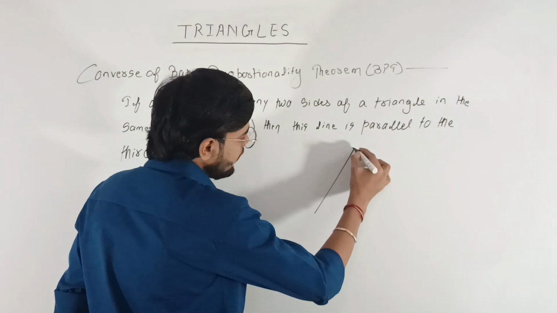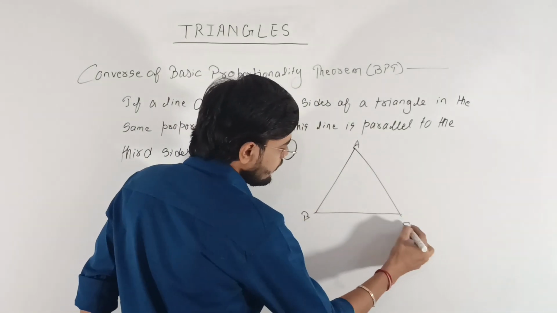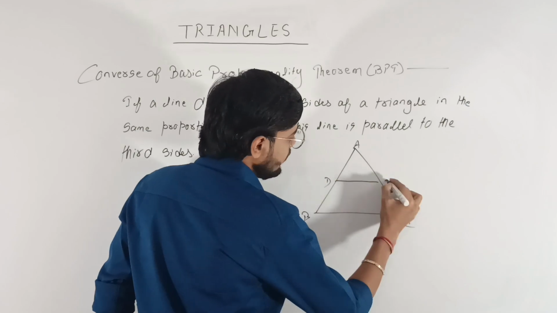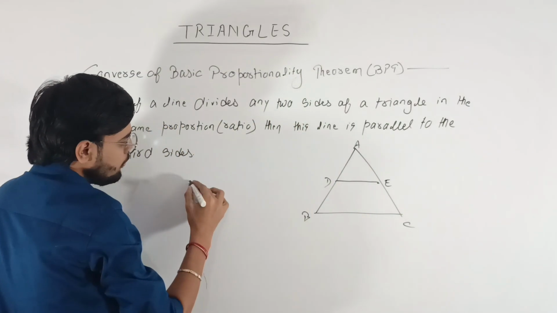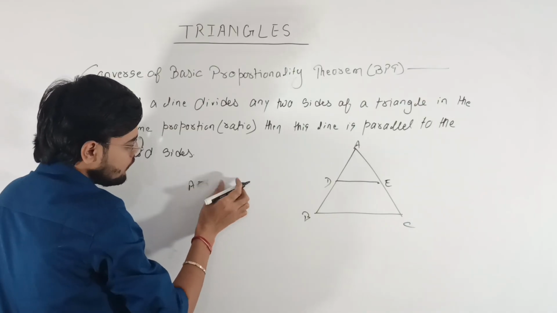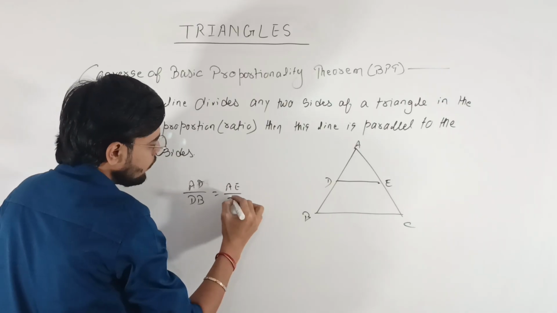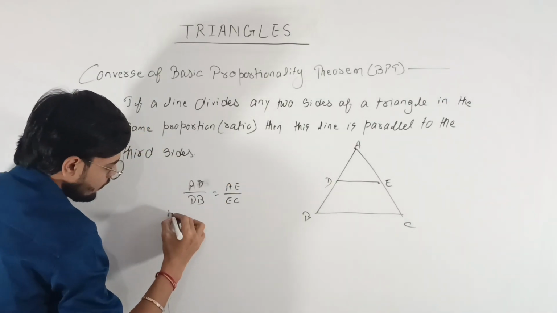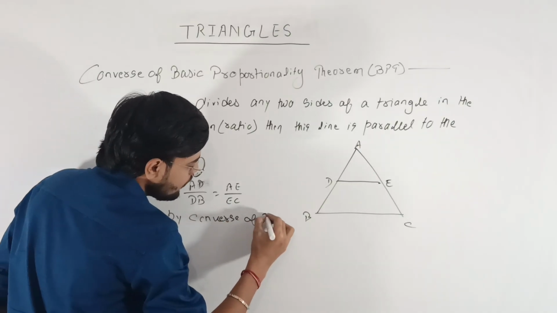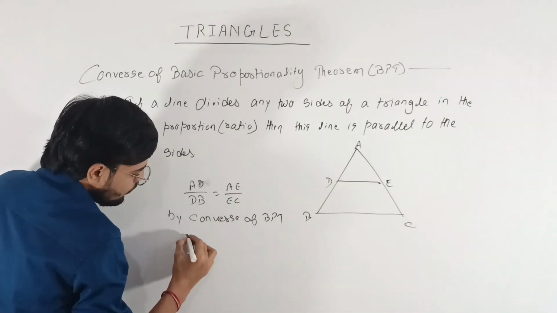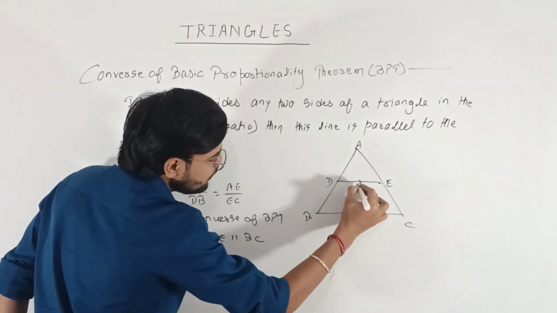Okay, look, this is my triangle ABC and this is line DE. When this line DE divides AB and AC sides in the same ratio, which is AD upon DB is equal to AE upon EC, then by converse of BPT we write DE is parallel to side BC.